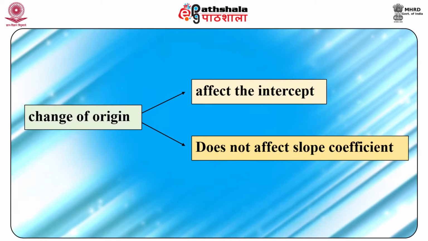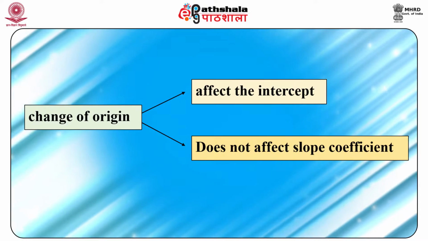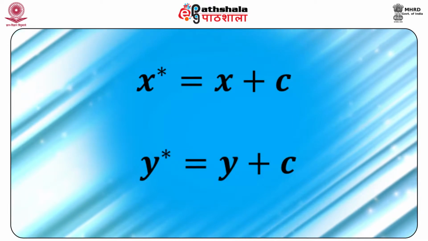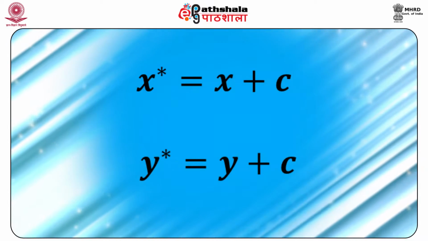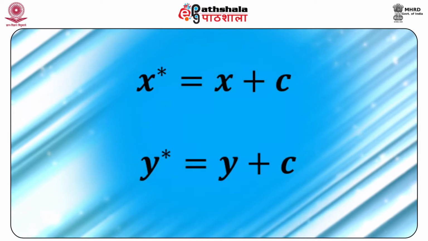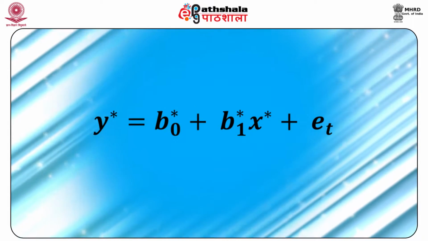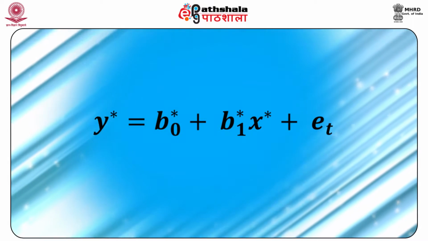The origin can be changed by either adding or subtracting a constant c to x and or y. So, suppose x star is equal to x plus c and y star is equal to y plus c. Then y star is equal to b0 star plus b1 star x star plus et. So, this is our model now.